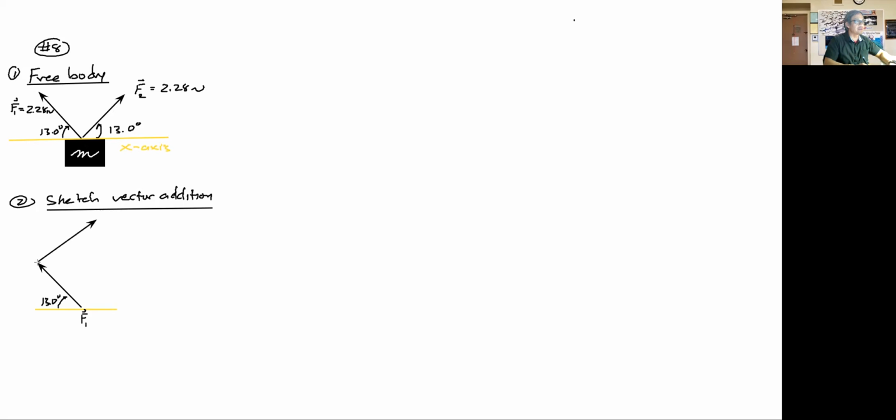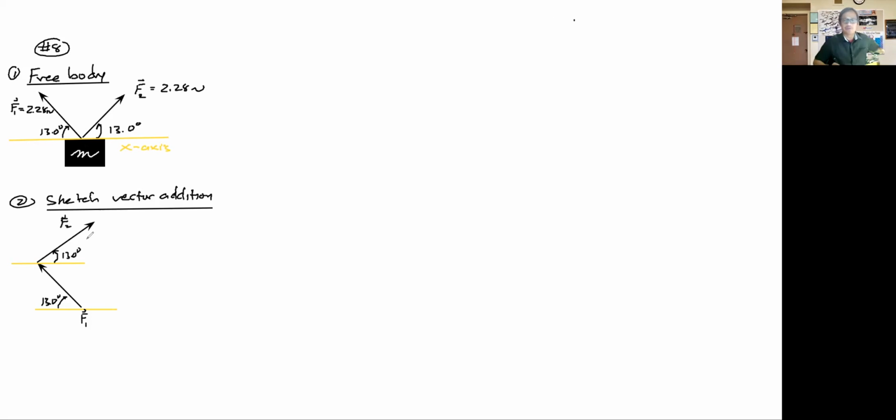I'm going to make it here as best I can. If you imagine a second imaginary line running right there, this vector makes an angle of 13 degrees with it. So that angle is also 13 degrees, and this is our second vector.